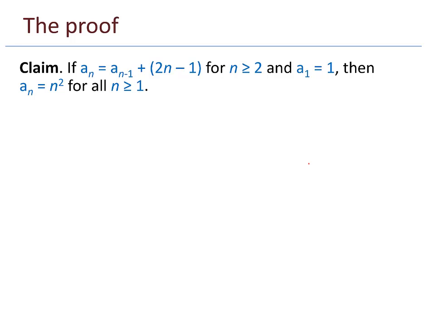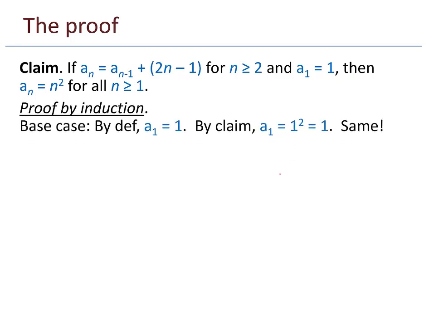So, claim. If my sequence is defined recursively this way, if a sub n equals a sub n minus 1 plus 2n minus 1 for n greater than or equal to 2, and a sub 1 equals 1, then a sub n equals n squared for all n greater than or equal to 1. So, proof by induction. We start with something called the base case.